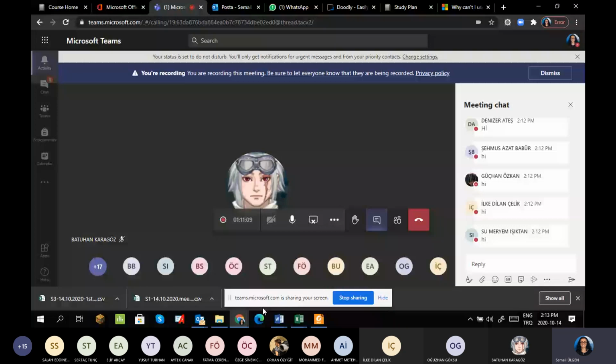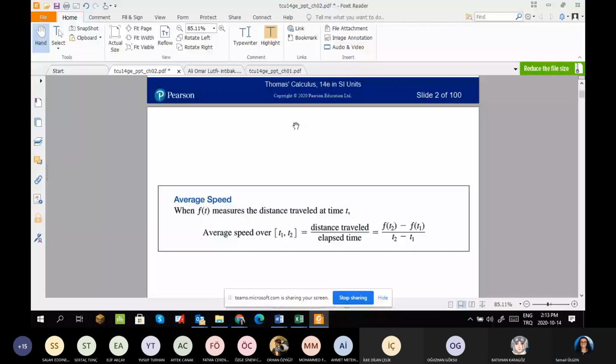Okay. So I want to start with the daily life used formula, which is actually average speed. So we are either moving, traveling, walking, driving, etc. There's a motion going on, and speed comes with it.